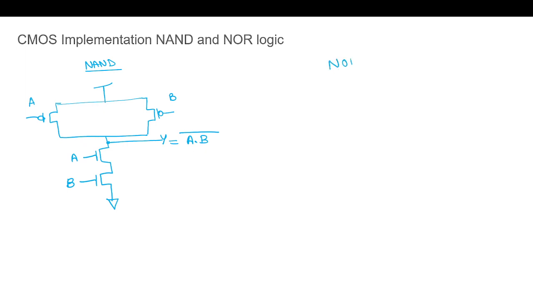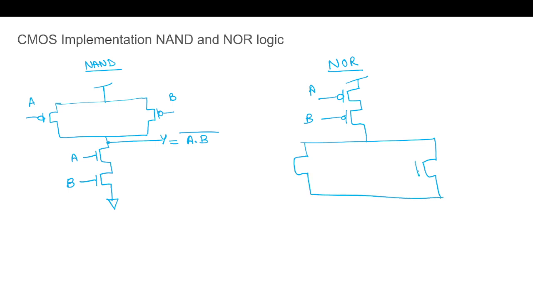And to implement the NOR gate, we have A and B in series in the pull-up network, and in the pull-down network we have A and B in parallel.